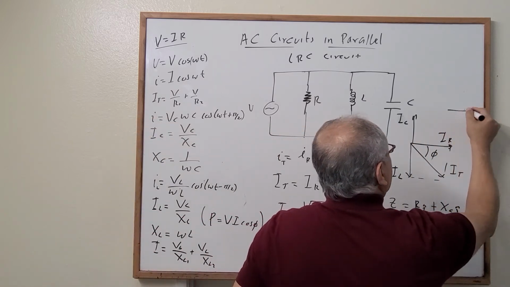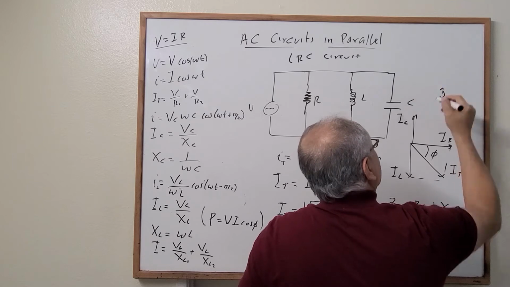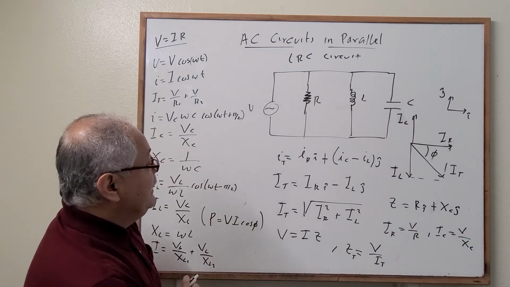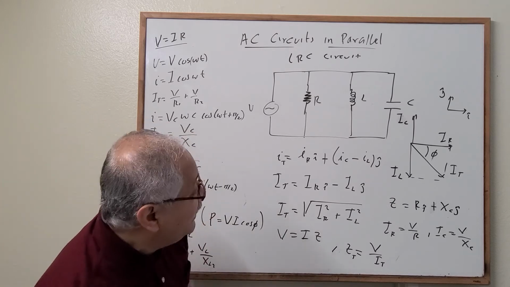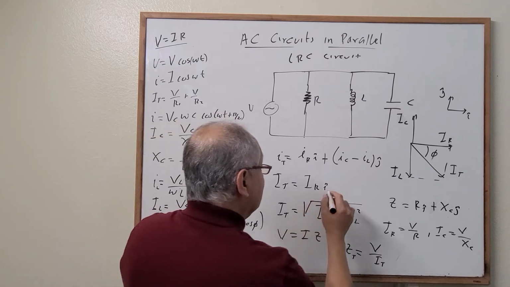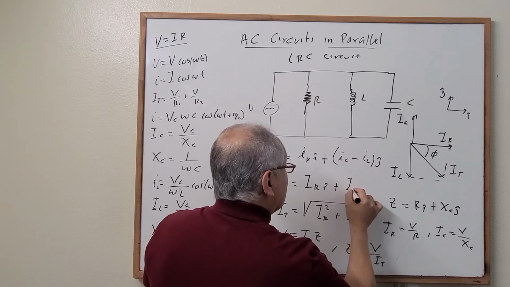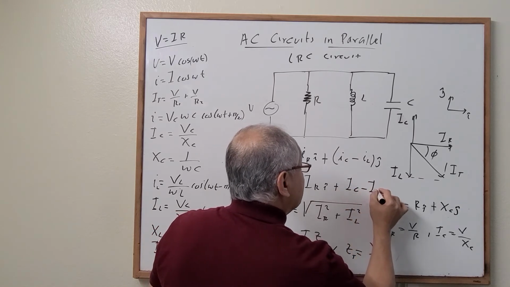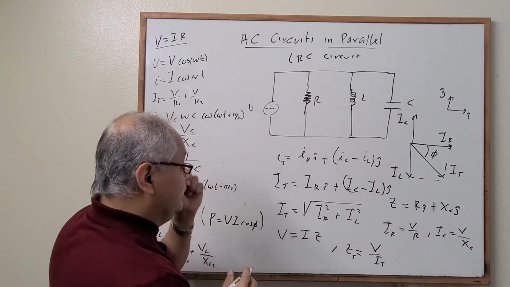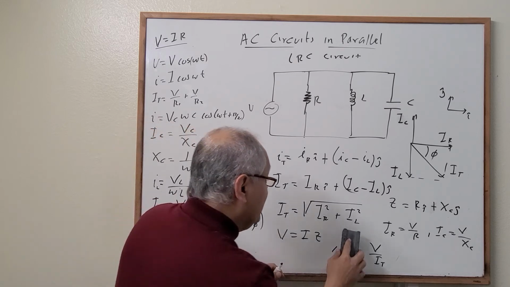Remember, this is the unit vector I hat and J hat, using unit vectors. Perfect. And then the same thing for the maximum current, correct? Well, the total current is equal to what? The current through the capacitor minus the current through the inductor in that direction. Correct? The same thing happens for the magnitudes right here.